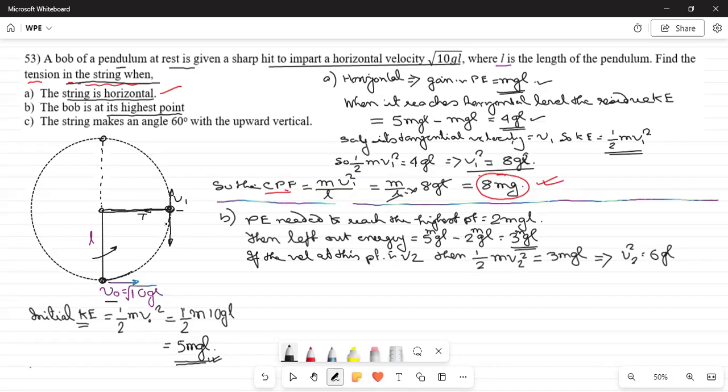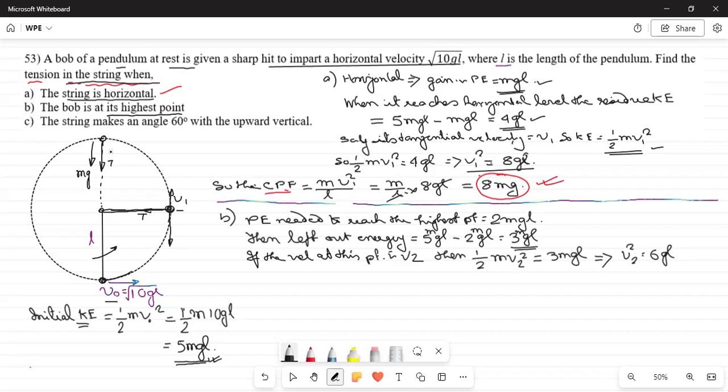So, we straight out calculated that centripetal force is equal to mv square by L, right? But here it is not so. Here, this is the tension. Also, in this direction, the force mg works.